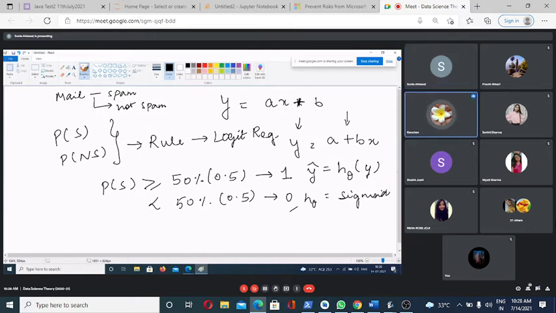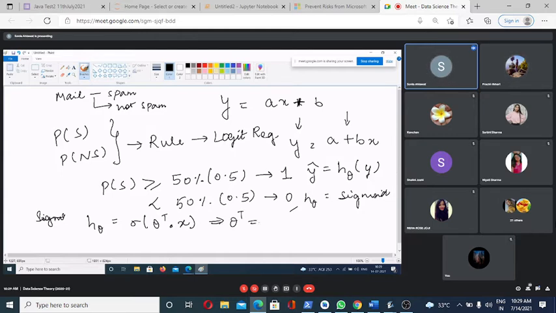Yes, ma'am. Fine. So now if I work in this manner, this will be written in terms of sigmoid. Why we are taking sigmoid, I'll tell you just after this. So I have some function h of theta, which is nothing but sigma of theta transpose x, where theta transpose x is nothing but y.